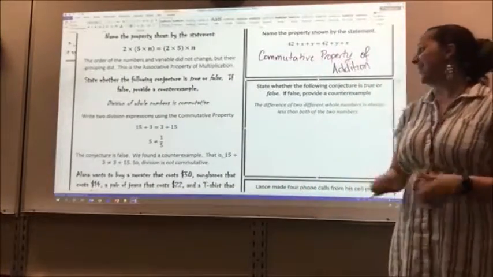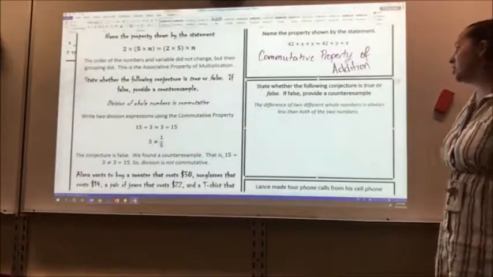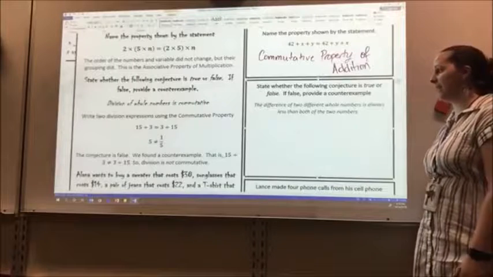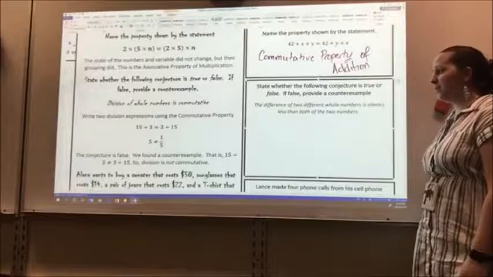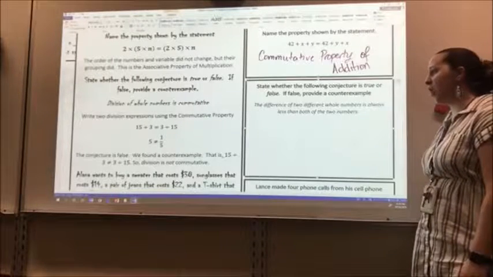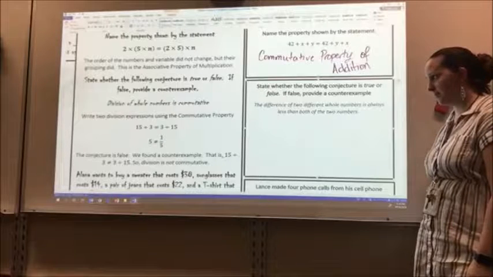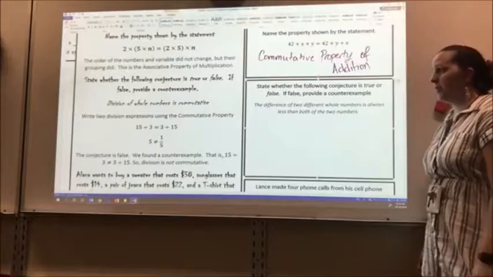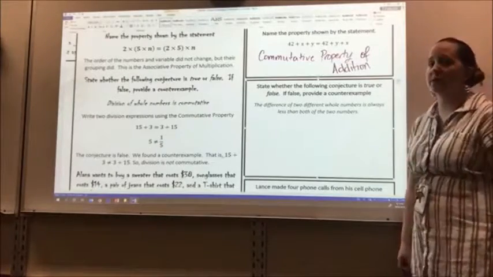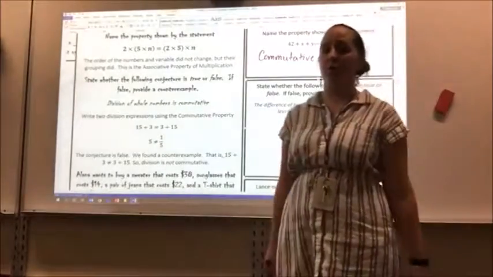Okay? The next one I have is state whether the following conjecture is true or false. If false, provide a counterexample. The difference between two different whole numbers is always less than both of the two numbers. Okay, so let's think about this. Two whole numbers. So pick any two whole numbers that you want.